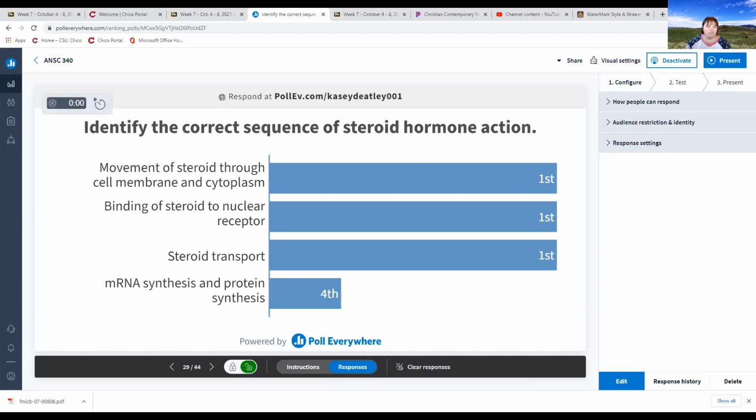So just to reiterate this and put it in better terms, let me switch gears and we'll go look at the lecture. It's protein hormone.